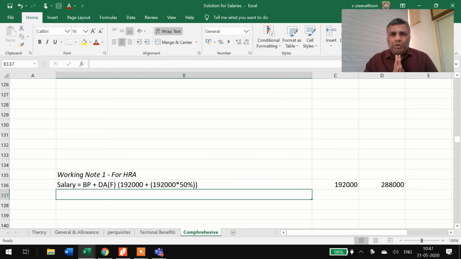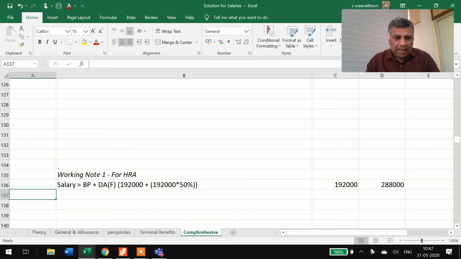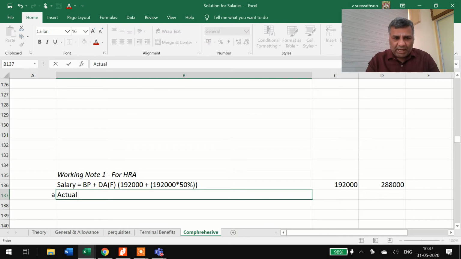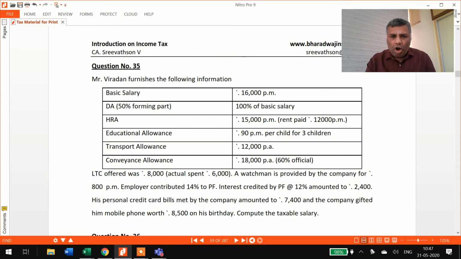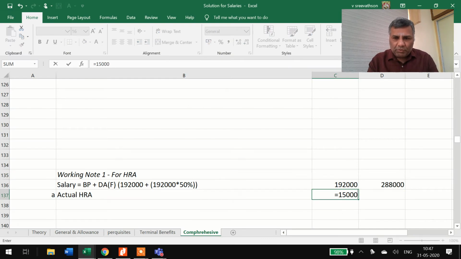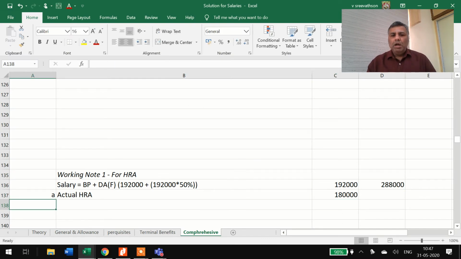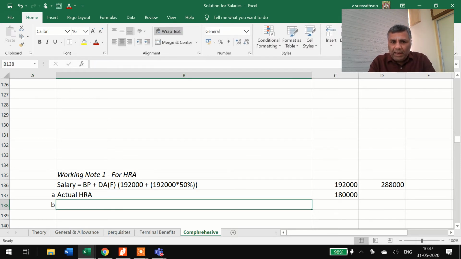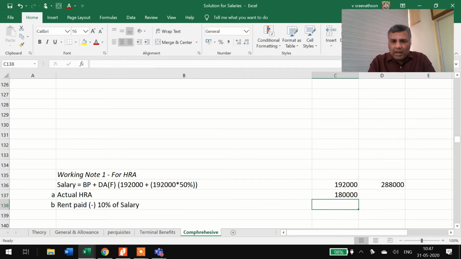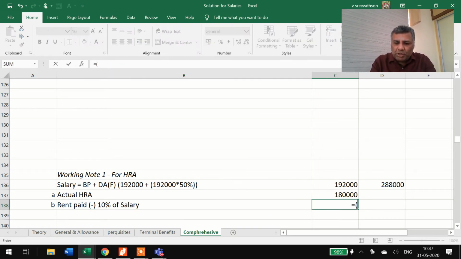Now going to the three conditions. A, actual HRA. We all know it is 15,000 per month, 15,000 into 12, 1,80,000. B, my dear friends, rent paid minus 10% of salary.